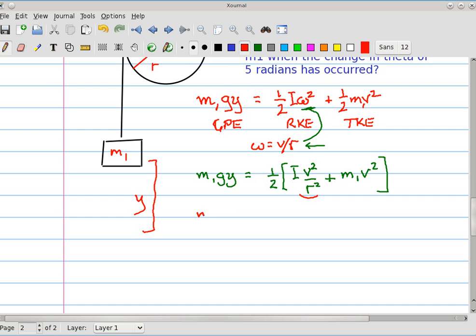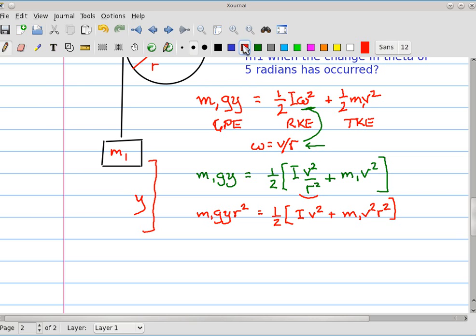So we have m1 g y r squared equals 1/2 parentheses I v squared, that r squared comes out of the denominator because I'm multiplying both sides by it, plus m1 v squared times r squared.